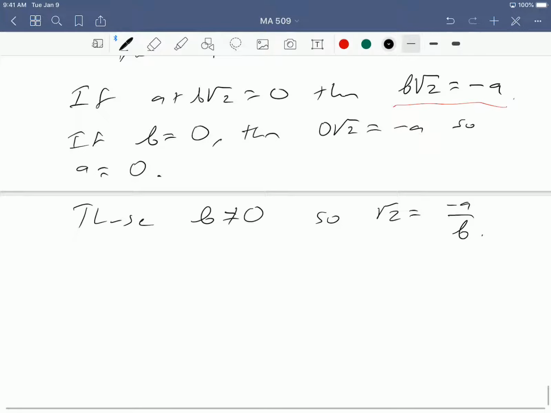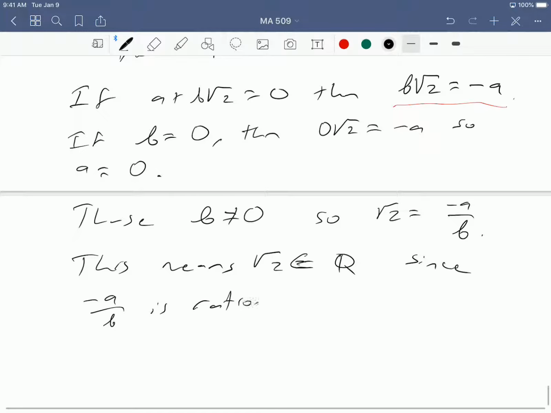Okay. Now, this means root 2 is rational, since minus a over b is rational. And this is a contradiction.